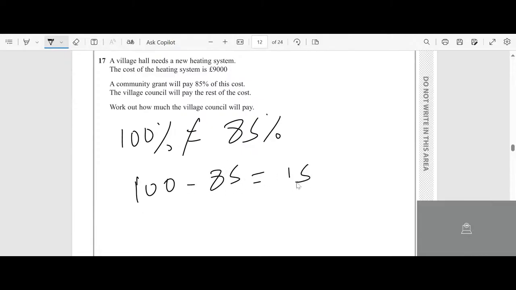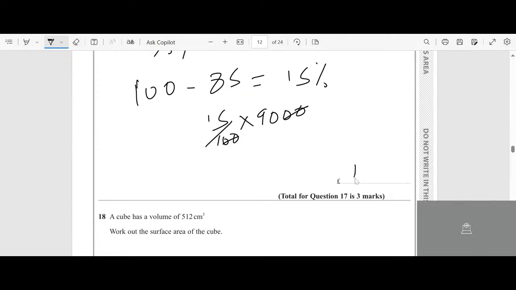The village will just pay 15%. So we want to know how much is 15% of this. So we say 15 divided by 100 times 9,000, which gives me 1,350 euros.